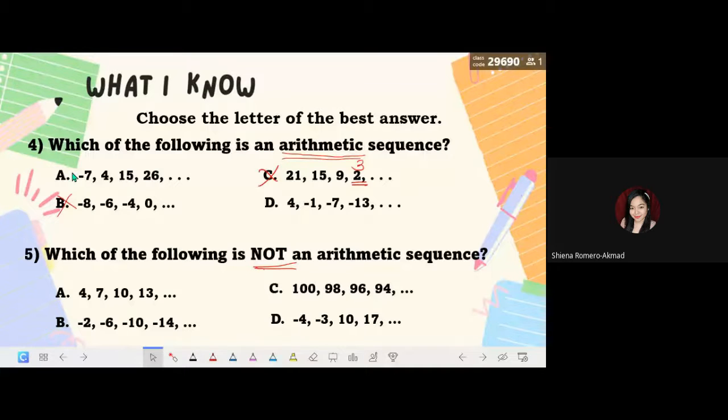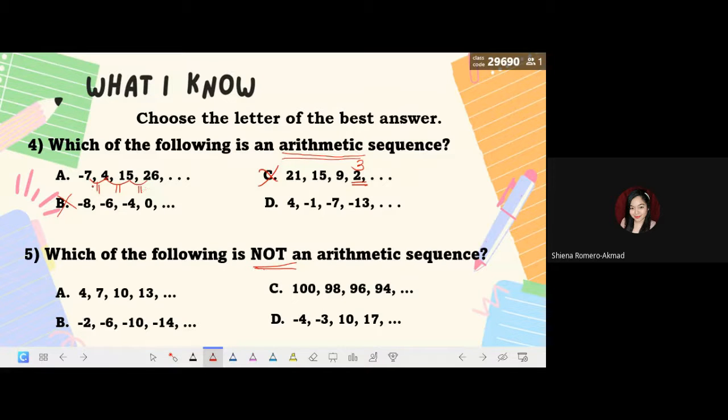O, sige, Lapis. Nag-add po ng 11, ma'am. So, if you add 11 here, you'll get 4. 4 plus 11, you'll get 15. 15 plus 11, you'll get 26.